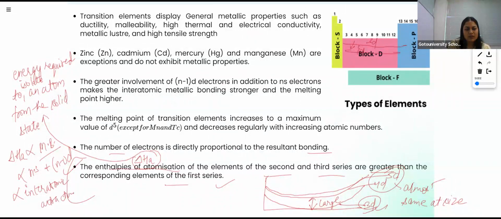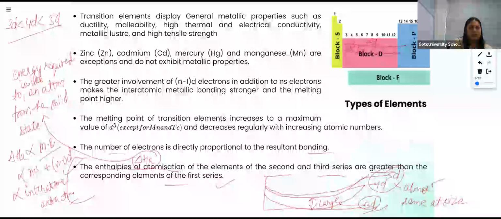So 3d has less, 4d has greater, and 5d has even greater enthalpy of atomization than 3d. It depends on the size.